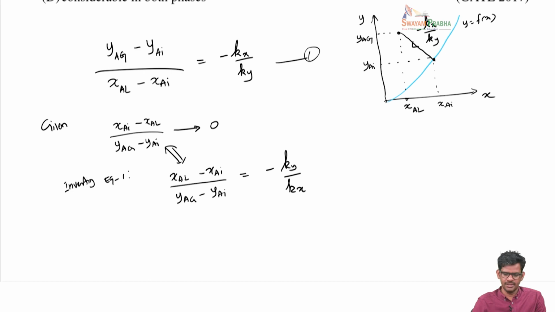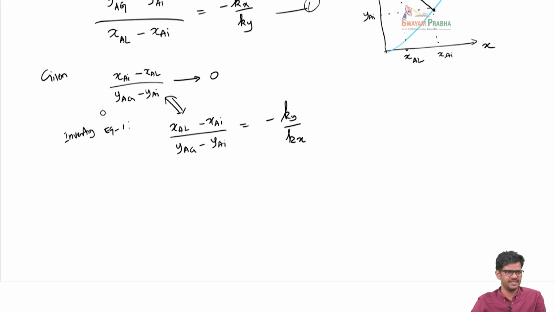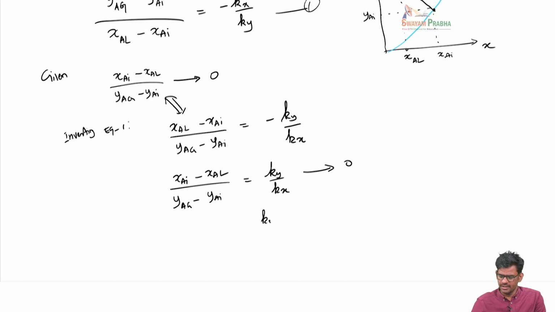Here what is given is XAI minus XAL, what we are looking at here is XAL minus XAI. So we just multiply by minus 1 on both sides. I get XAI minus XAL over YAG minus YAI equal to ky by kx, and this ratio goes to 0, which means ky goes to 0.